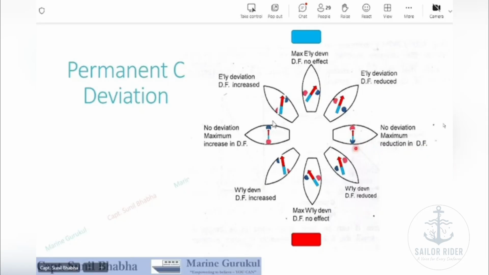Likewise, south of the compass needle, we have the blue pole of the ship and the red pole of the Earth. Being of opposite polarity, they reduce the directive force, and this reduction in the directive force is maximum on easterly heading because the poles are exactly north and south of the compass needle. When the poles are exactly north or south, they have the maximum effect on the directive force.